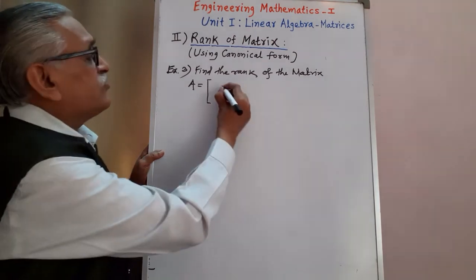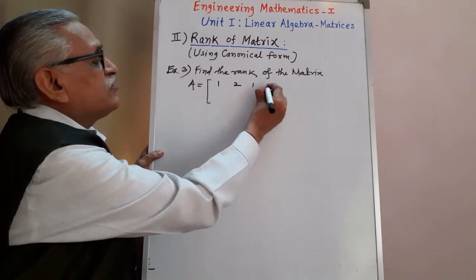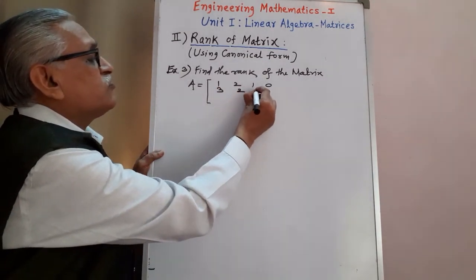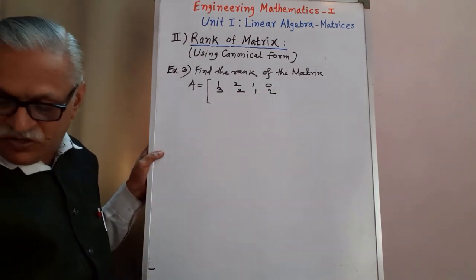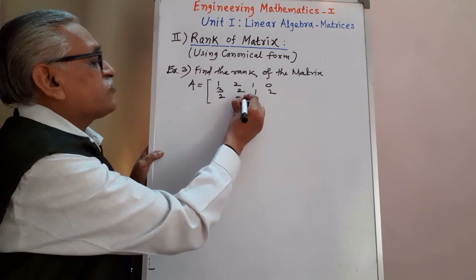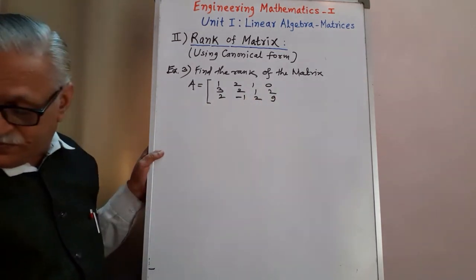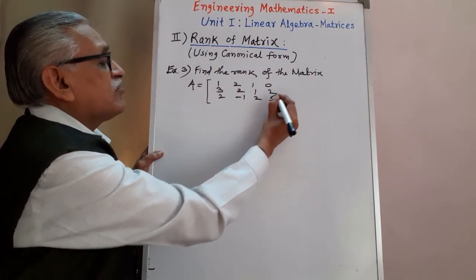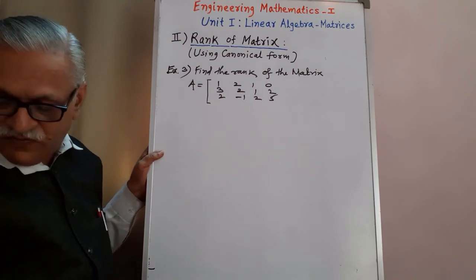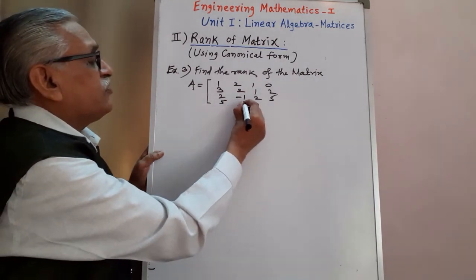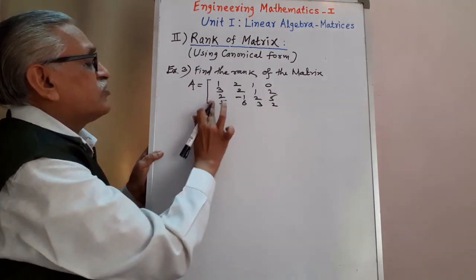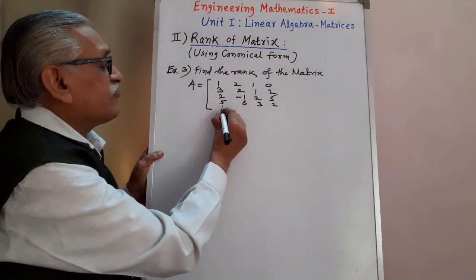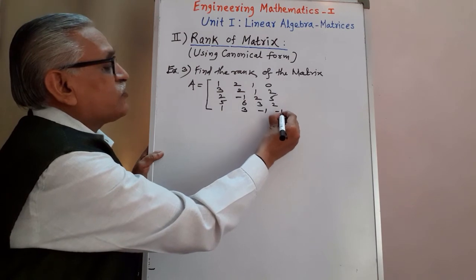Elements are 1 2 1 0, 1 2 1 0, 3 2 1 2, third row 2 minus 1 2 5, fourth row 5 6 3 2, and the fifth row 1 3 minus 1 minus 1.